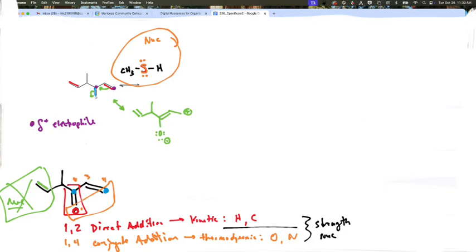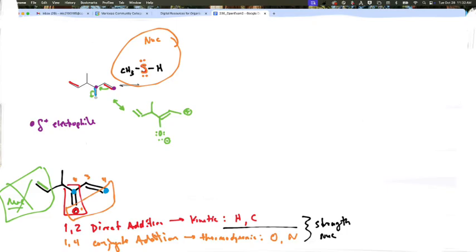Okay, so you've evaluated hydrogen, carbon, oxygen, and nitrogen. Where is sulfur in that list? It's below oxygen. Well, what's determining the strength of the nucleophile? It has to do with how well it can stabilize that charge.